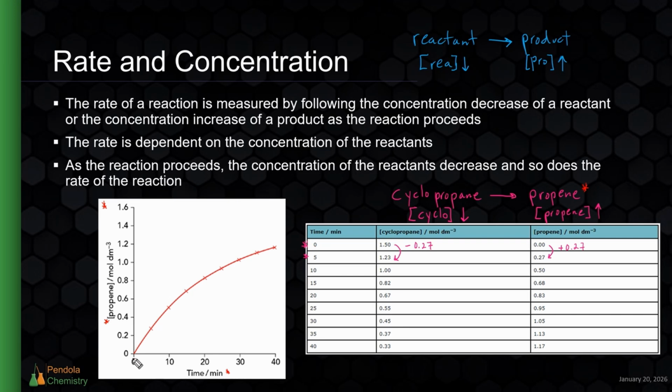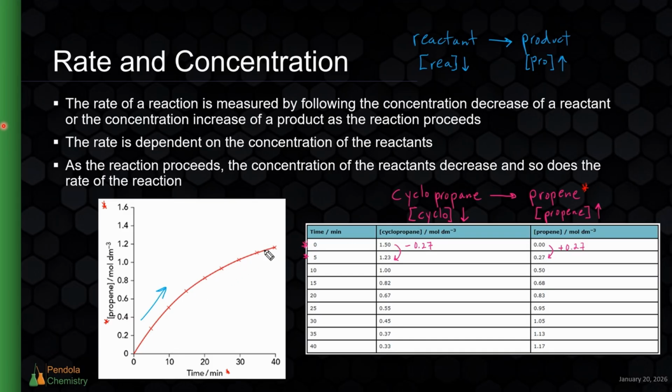So we can see here that the reaction is going to start at 0 because we had 0 propene concentration at first. And then you can see that over the course of this reaction, as time proceeds, the concentration of propene increases. Every data point has a higher concentration.